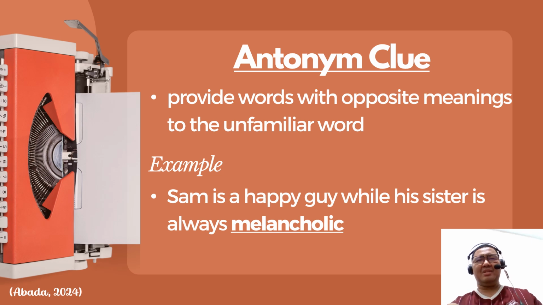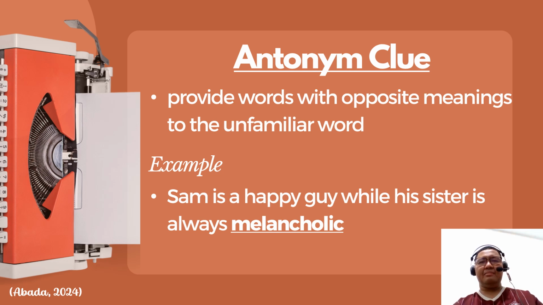Next context clue is what we call the antonym clue. If a synonym clue provides you words with the same meaning as the unfamiliar word, an antonym clue provides the opposite meaning of the unfamiliar word. For example, Sam is a happy guy while his sister is always melancholic.